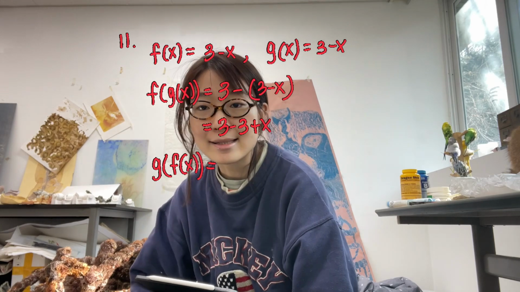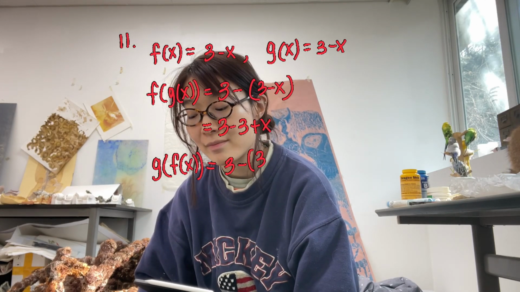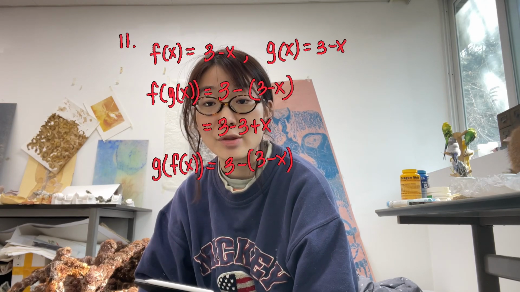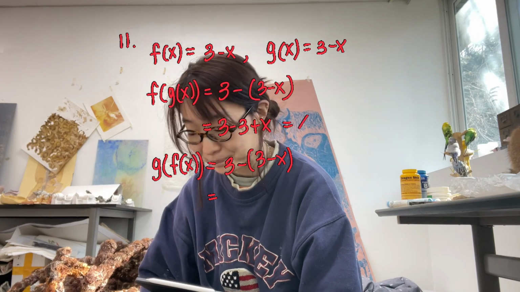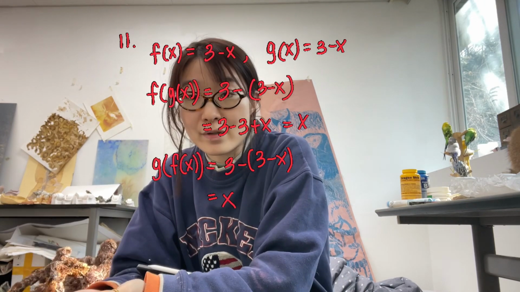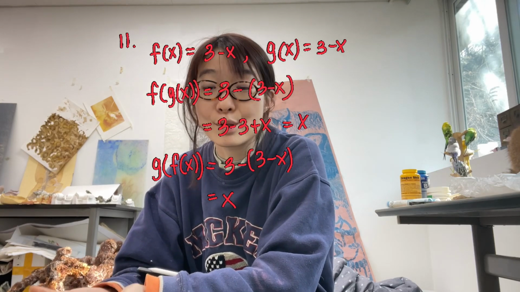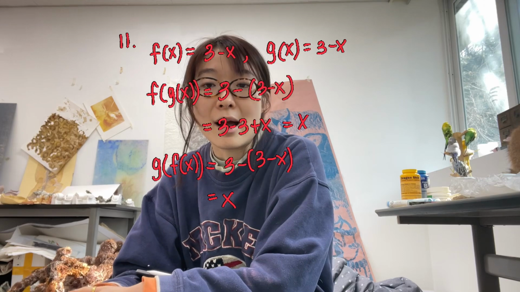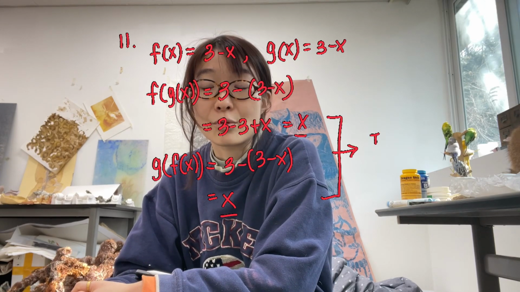And if I were to create another composite function with g of f of x, I would get, once again, x. So therefore, these two functions are inverse.